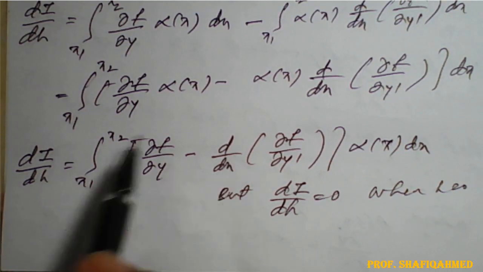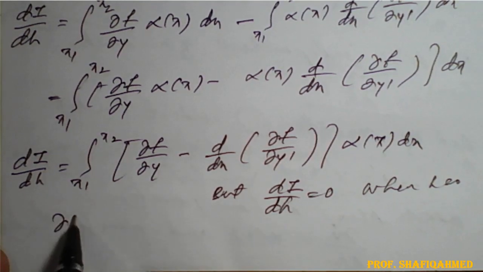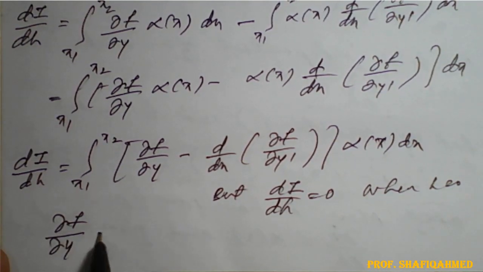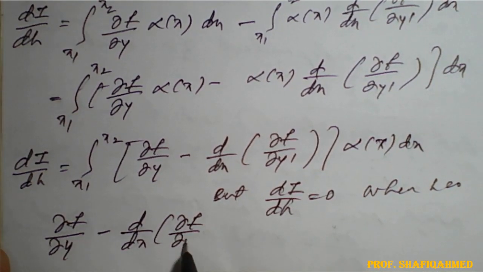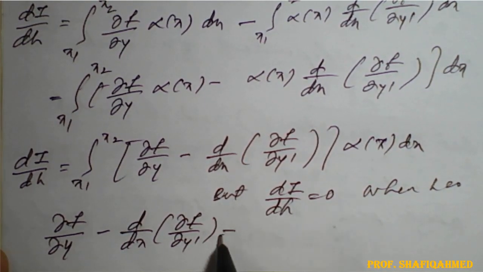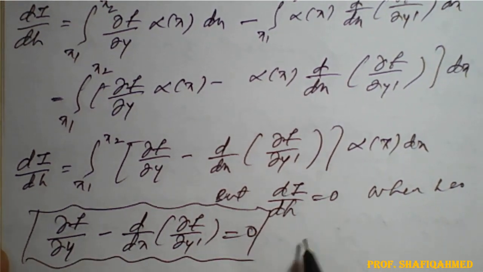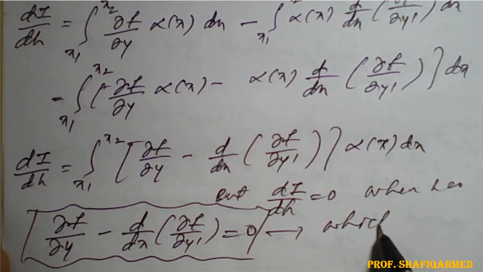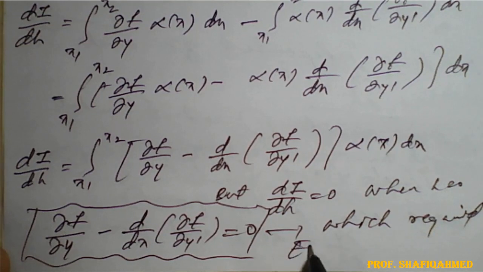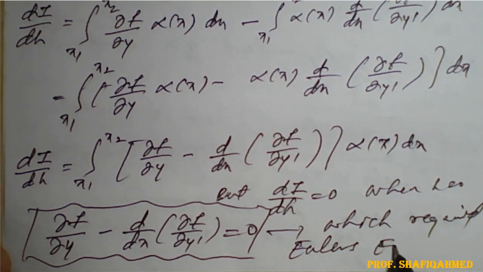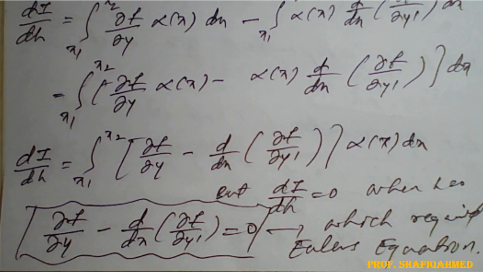Therefore the above situation we can write as dou f by dou y minus d by dx of dou f by dou y dash equal to 0, which is the required Euler's equation. So in this way we have proved the result.